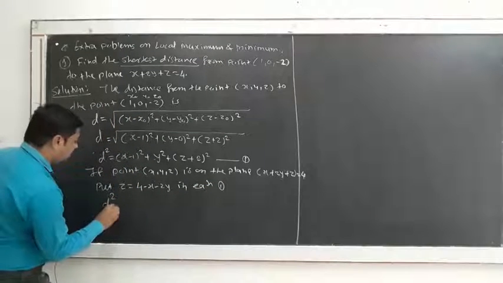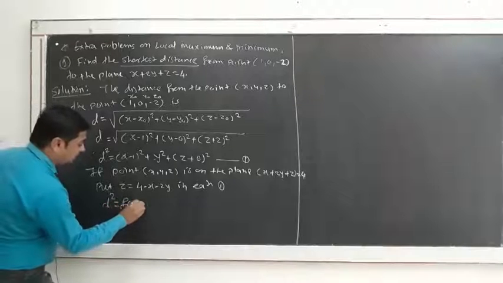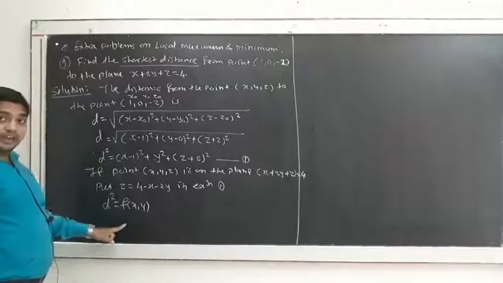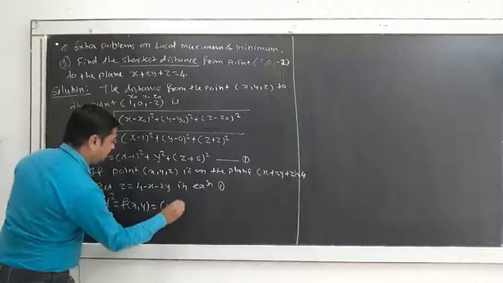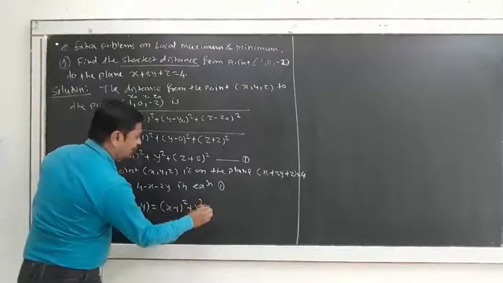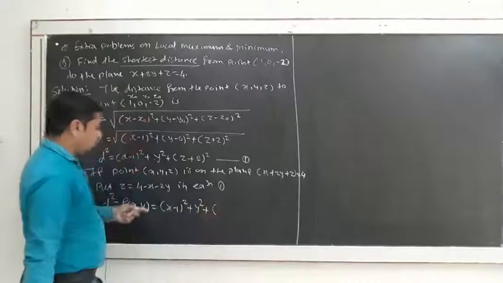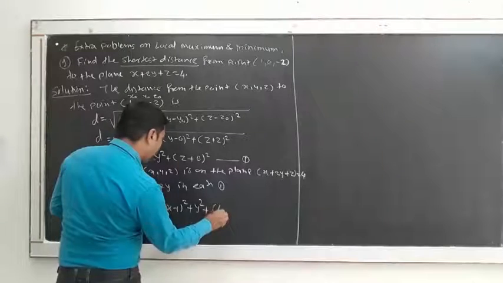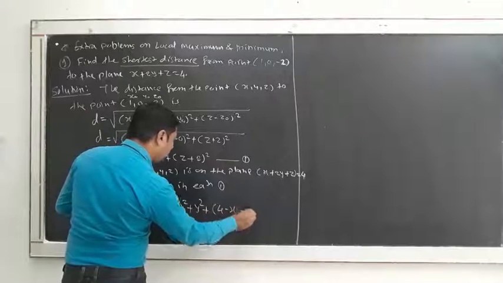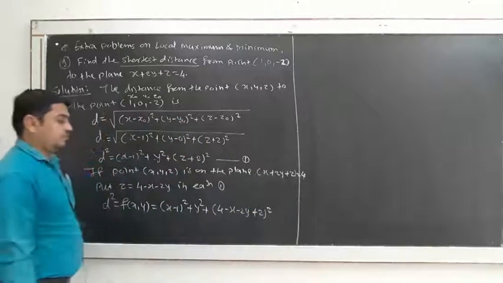So this is our D square, and we can say it is now a function of two variables because z is removed. It is equal to (x - 1) square plus y square plus (4 - x - 2y + 2) square.